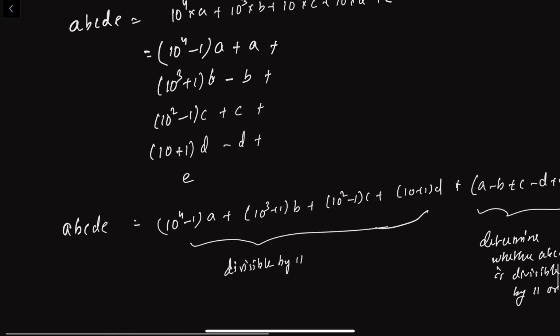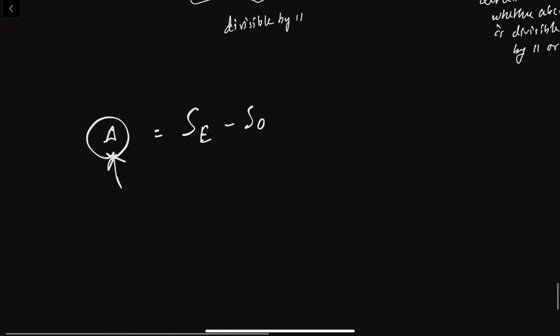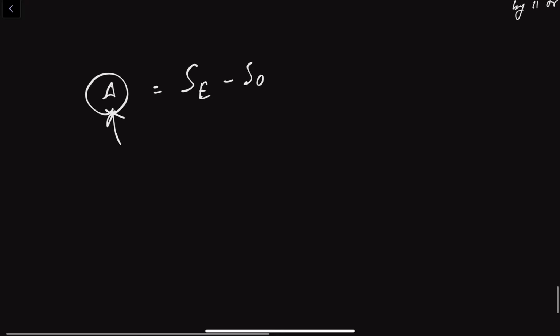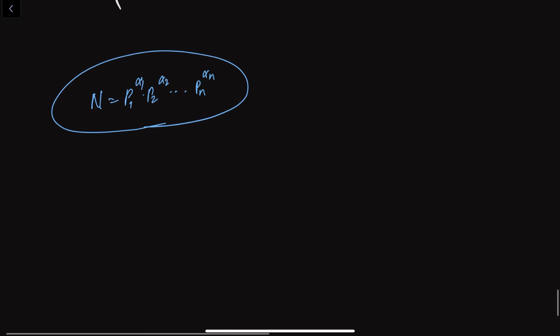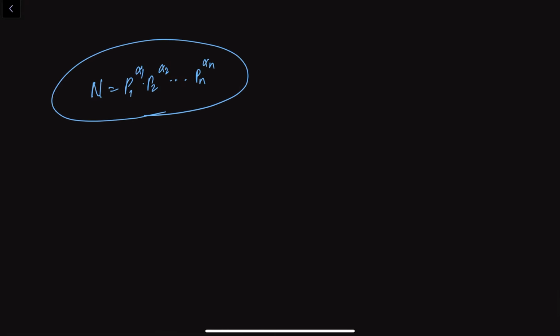So 527 is also not divisible by 11. So that's the divisibility rule of 11, and of the primes like 2, 3, 5, 7, 11, 13, 17, 19 and 23. Now let's consider the divisibility rules for composite numbers. Any composite number we can prime factorize as p1 to the power alpha 1, p2 to the power alpha 2, and so on, pn to the power alpha n, a product of primes.